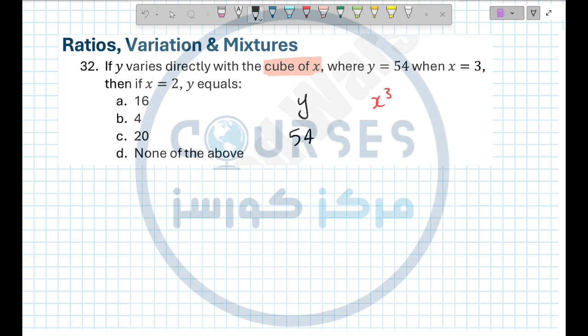So when y was 54, x was 3, but I'm not dealing with the 3, I'm dealing with 3 cubed. 3 times 3 is 9, times another 3, that's 27. Then if x is 2, but it's also not 2, it's 2 cubed. 2 cubed is 2 times 2, 4, times 2, which is 8.